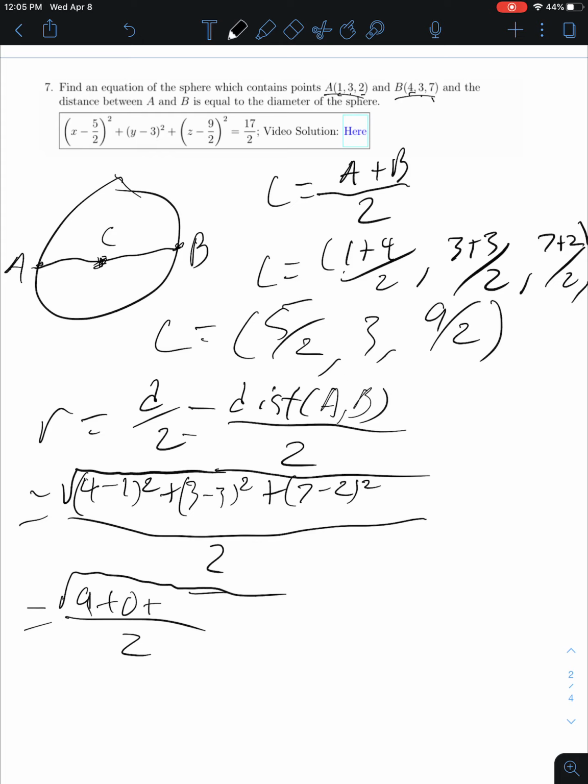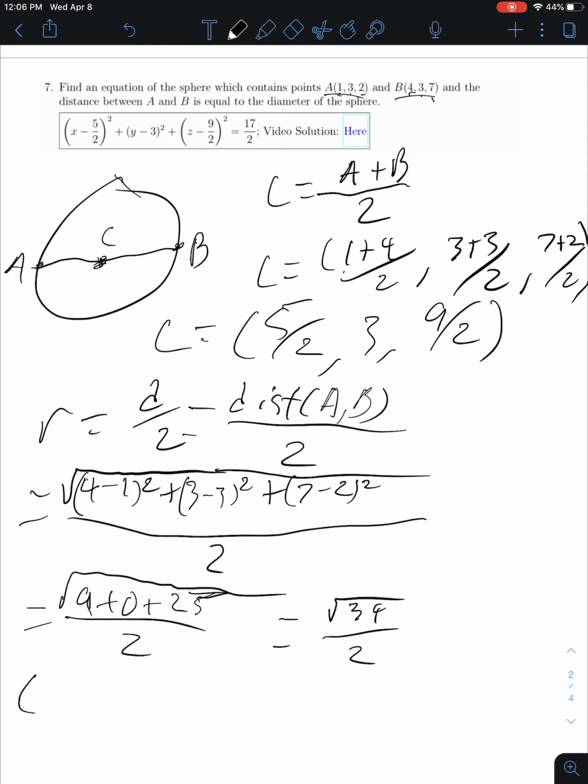First off, rewrite that. This guy right here is 5 squared, so that becomes 25 divided by 2. Cool. So that becomes root 34 divided by 2.